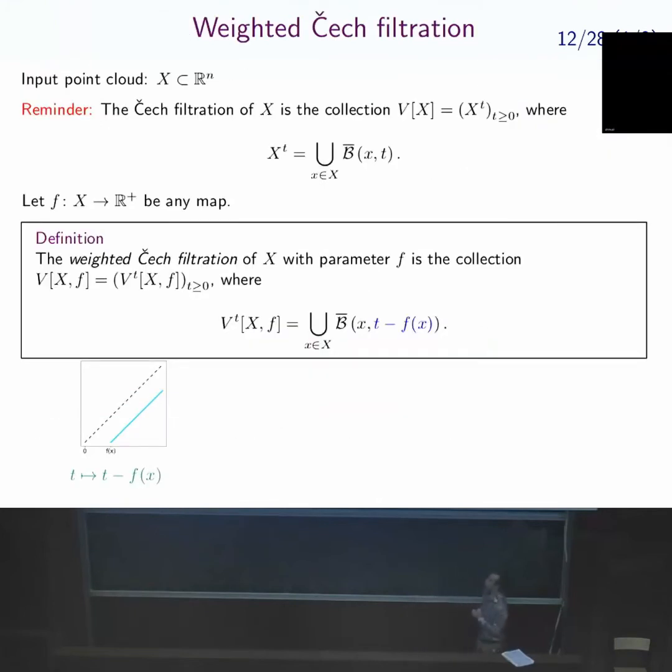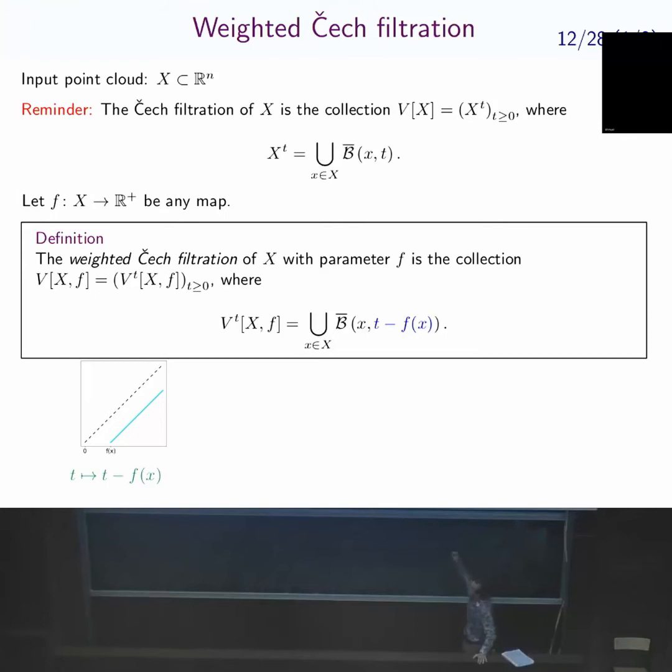Weighted Čech filtration. If I have a point cloud X, the Čech filtration is the collection of thickenings, which can be written as a set of X_t, where X_t is a union of balls centered around every point of X with radius t. Now, let's pick a map f from X to R, called the weighting map.